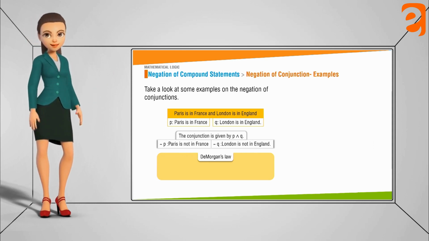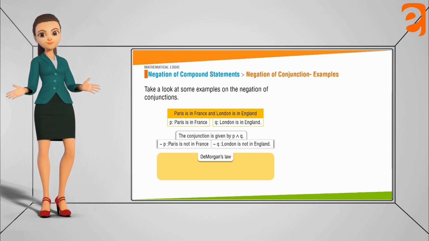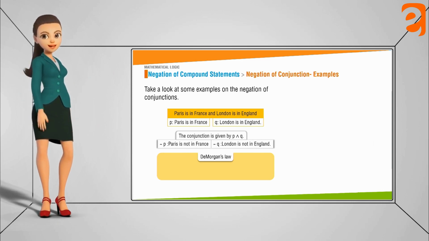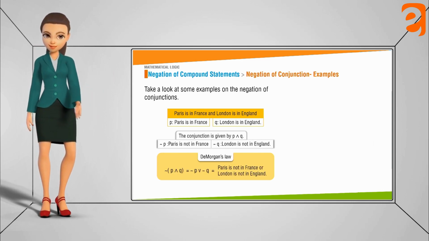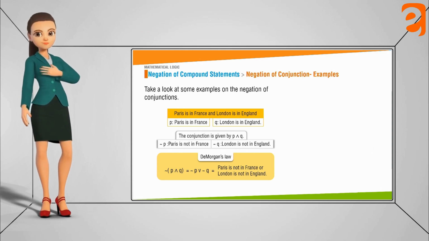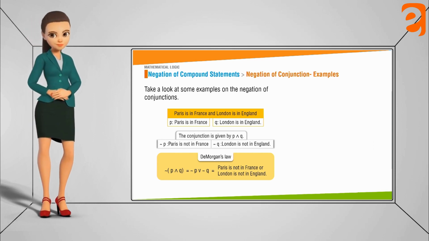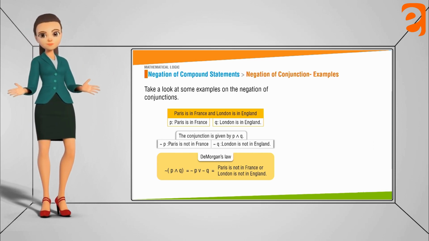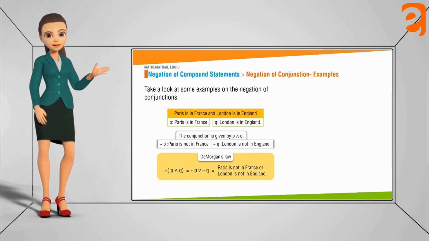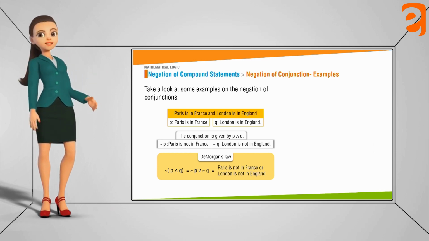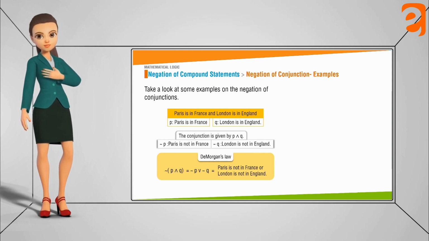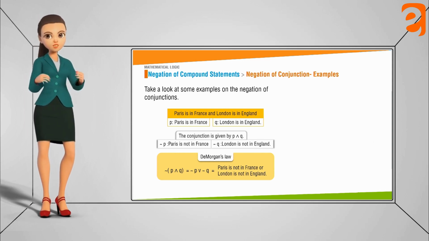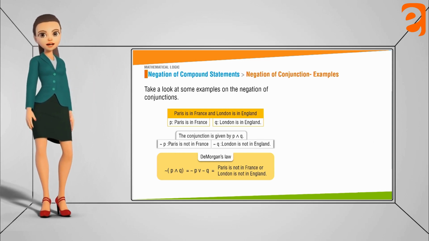And the negation of London is in England is London is not in England. So let's find the negation of P and Q. Applying De Morgan's law, negation of P and Q is equal to negation of P or negation of Q. So it comes out to be: Paris is not in France or London is not in England.